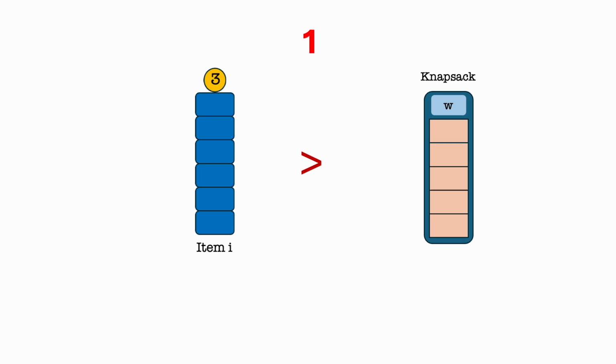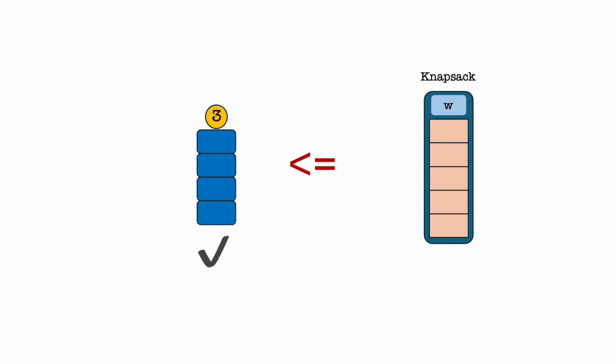It means we cannot keep item I in the knapsack. The other possibility is when the size of item I is less than or equal to the current capacity of the knapsack. Here we have two possibilities. We can keep it in the knapsack or we can ignore it. We are going to select the more profitable option among the two. Let us write the expression to calculate the solution for the first case.